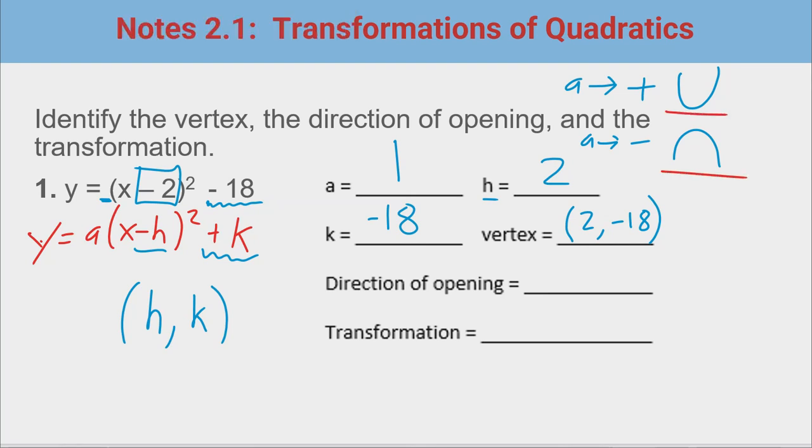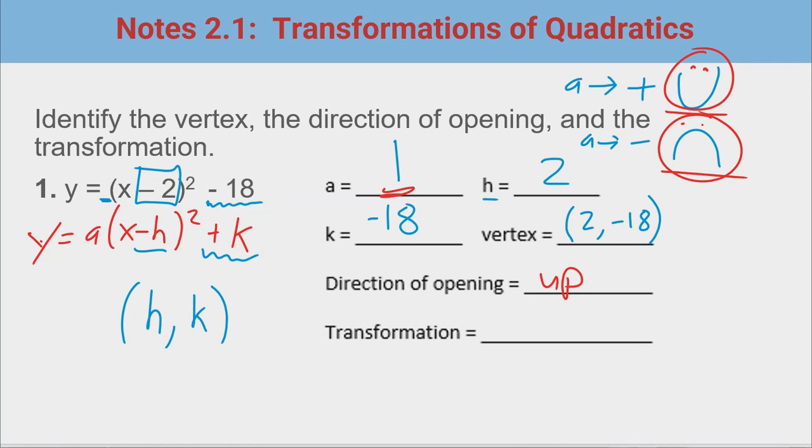A positive parabola is smiley, and a negative parabola is frowny, right? So since this A value right here is positive, it is going to be a positive, happy parabola. So my parabola is going to open up.